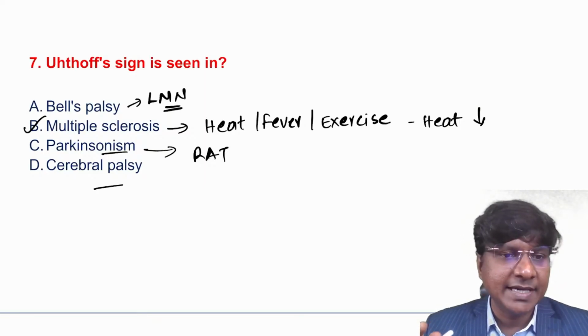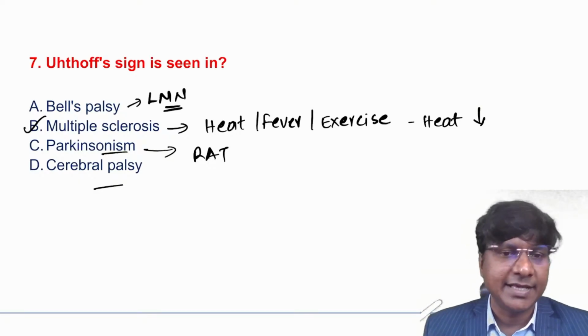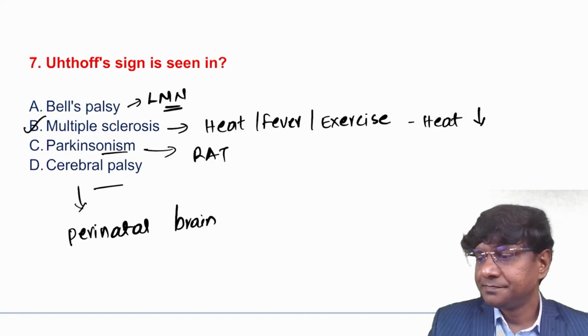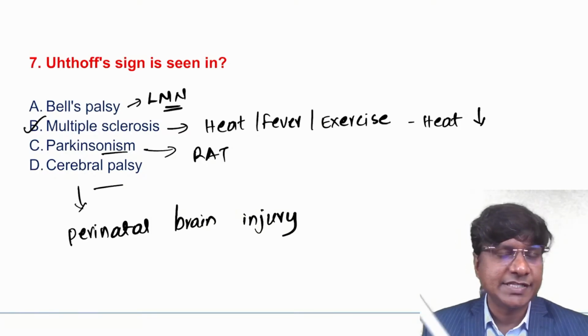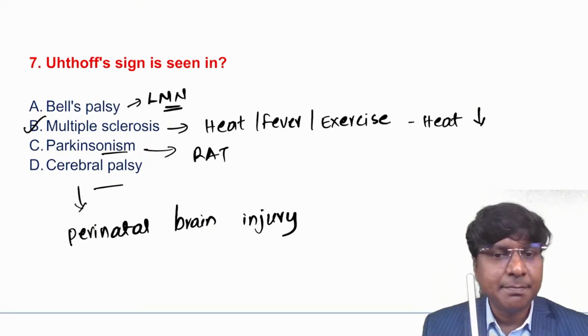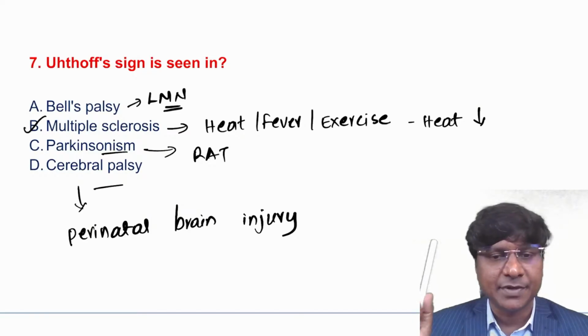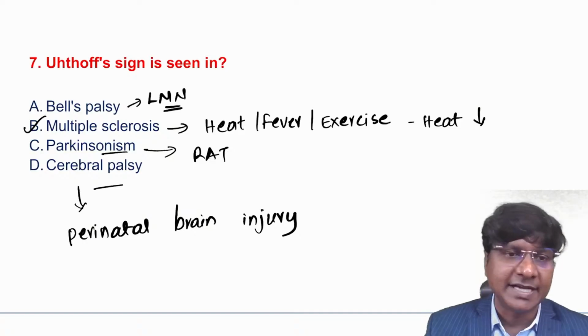Cerebral palsy is a non-progressive motor disorder from perinatal brain injury. And in case of cerebral palsy, there is no Uthoff's type of temperature dependence, right? So you'll have it only in case of multiple sclerosis.